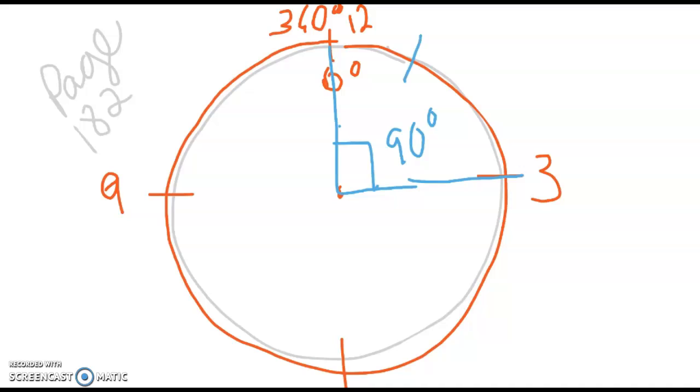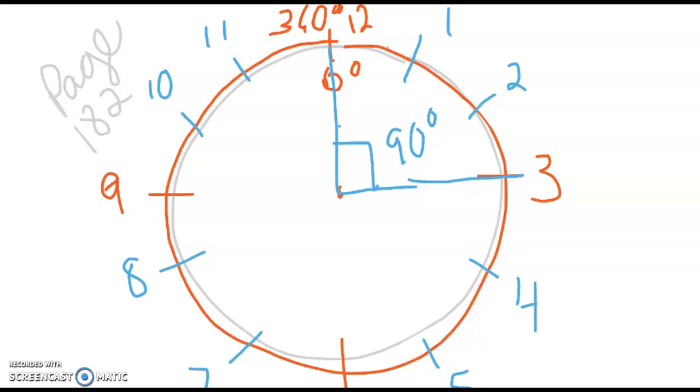So when I add in 1 o'clock and 2 o'clock, 4 o'clock, and 5 o'clock, 7, 8, 10, and 11. When I add all those in, I can see that here with 90 degrees, I now have 1, 2, 3 hops to get to 90 degrees.